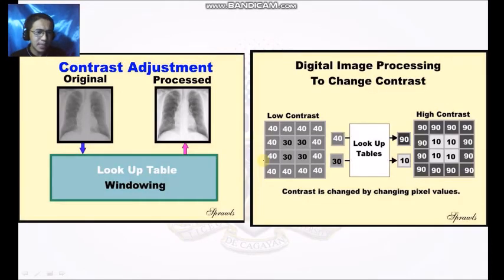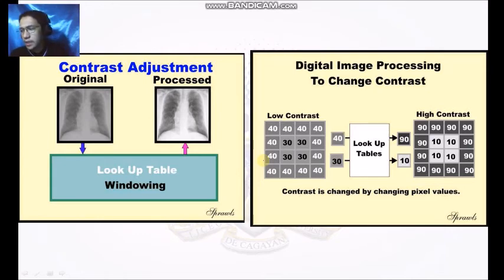So what does this mean? Again, we go back to the automatic rescaling system. They are related. So in the automatic rescaling system, your image is very dark, but then the processor or the computer automatically adjusts the very dark image into an acceptable gray image. So that is the function of the lookup table.